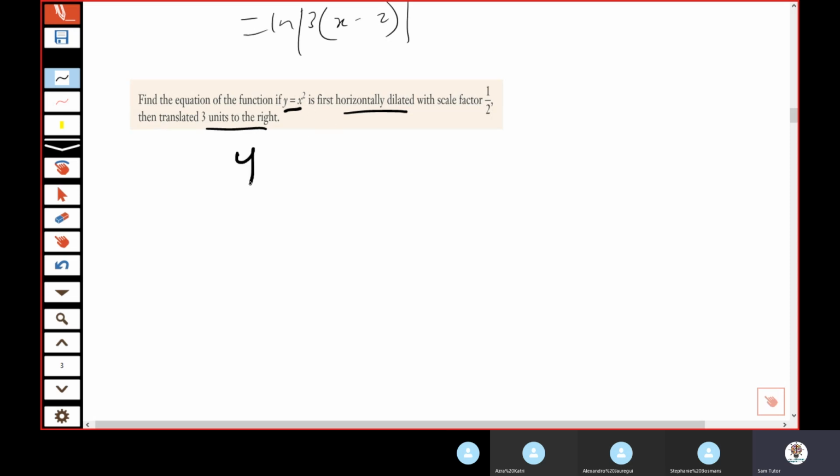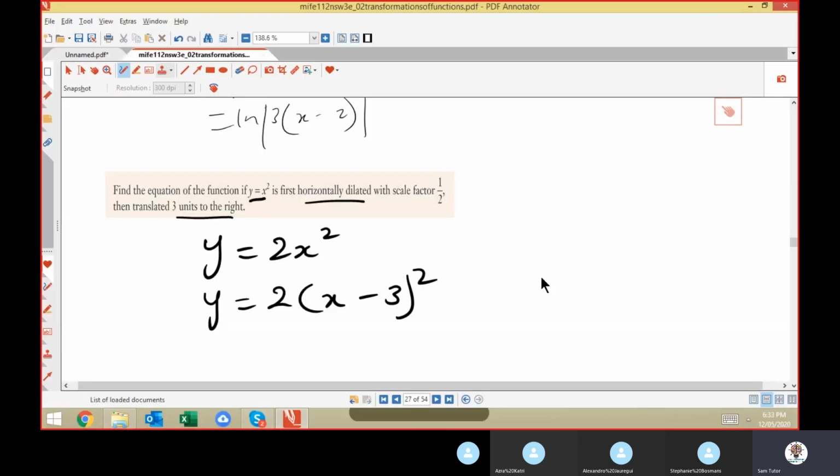So first it became this, and then it was 3 units to the right, which means it became this. You guys agree with that?